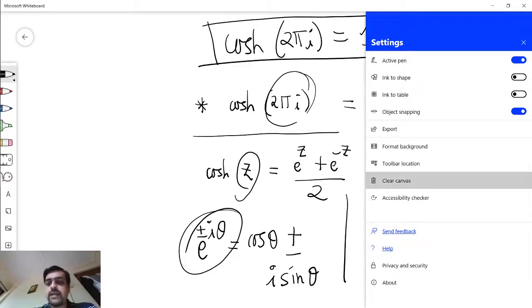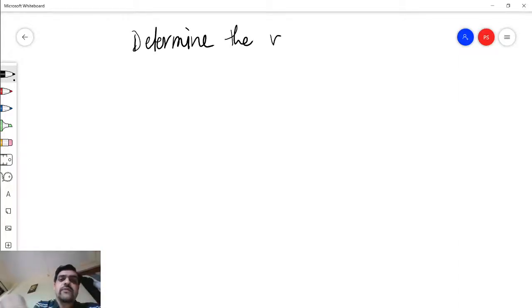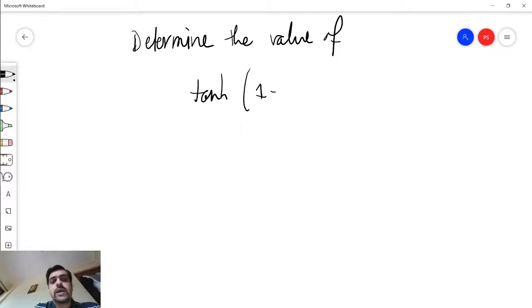Let us try another problem which is slightly more complicated than this: to determine the value of tan hyperbolic of 1 minus i pi.